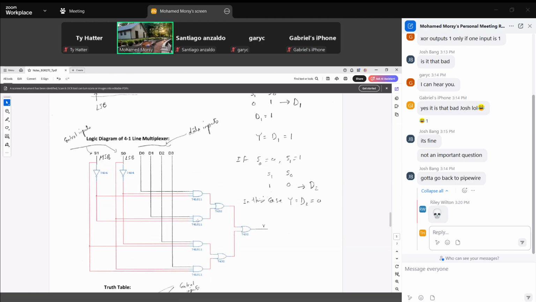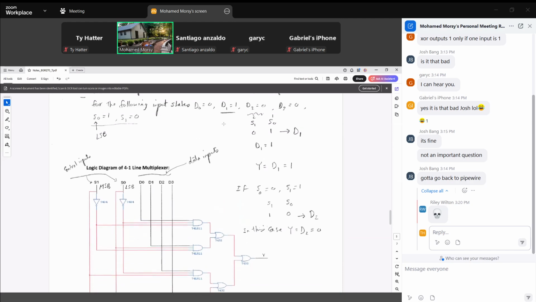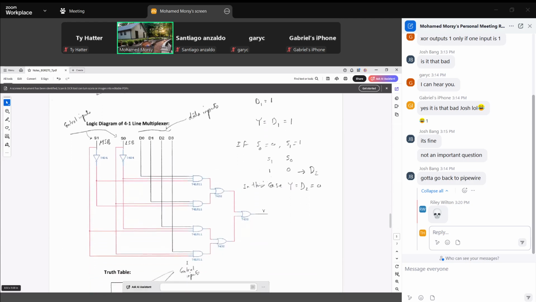So we have 1, 1. Keep this gate for now, because we have two inputs that are 1s. Let us look at this gate. Here we have 0, so the output will be 0. And S1 is 0, right? So we have 1, 0 here, so the output of this gate is 0. The output of this gate is 0, and the output of this gate is 0. So we have 0 here.